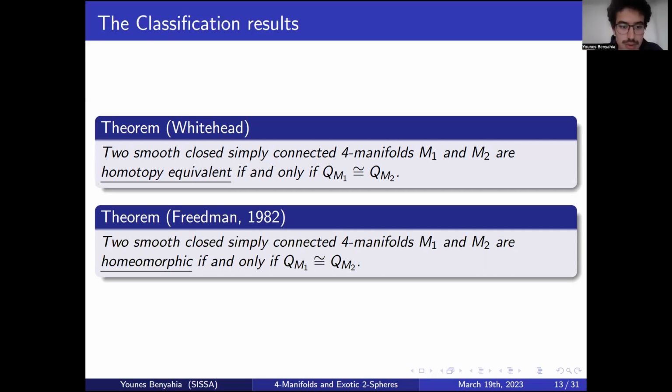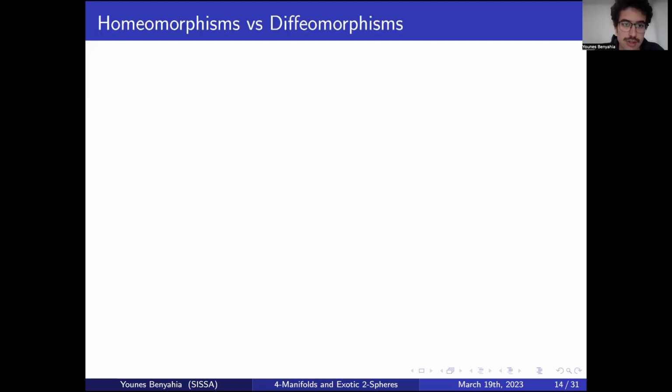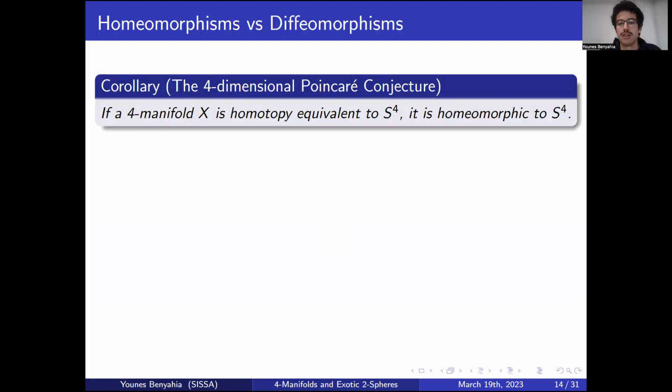topologically, up to homeomorphism. One of the direct corollaries of this theorem is that if a four manifold X is homotopy equivalent to S4, it is homeomorphic to S4. This is also known as the four-dimensional Poincaré conjecture, which was also proven by Freedman as a corollary of his other theorem.